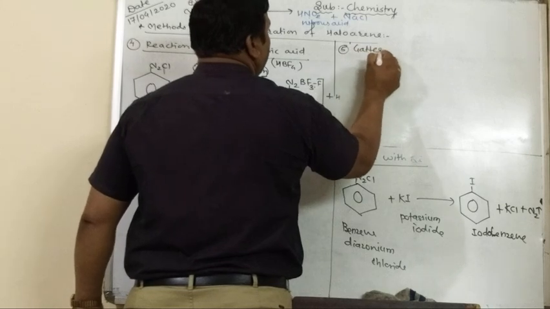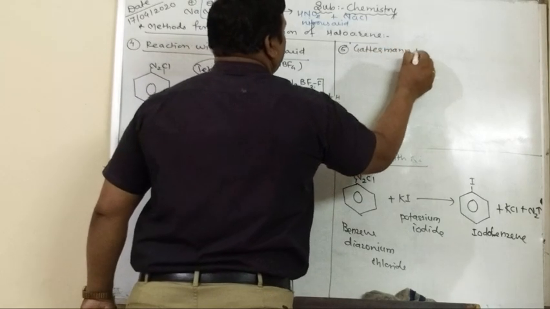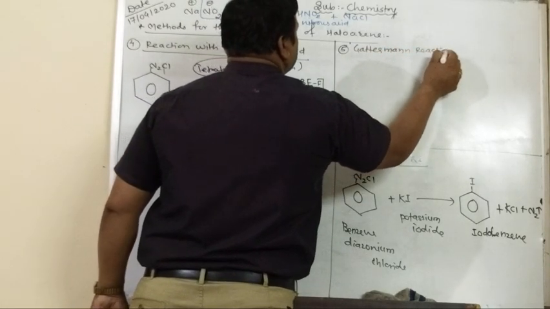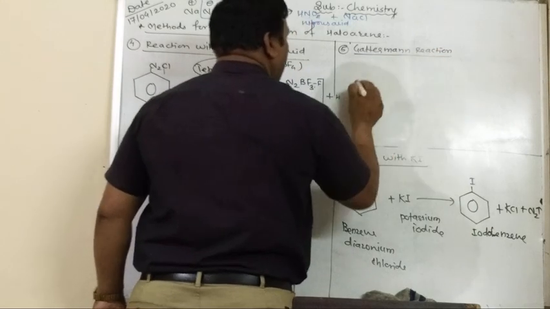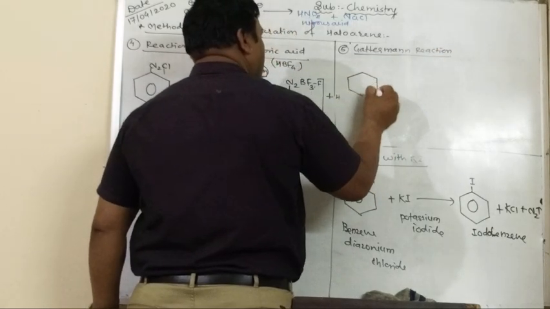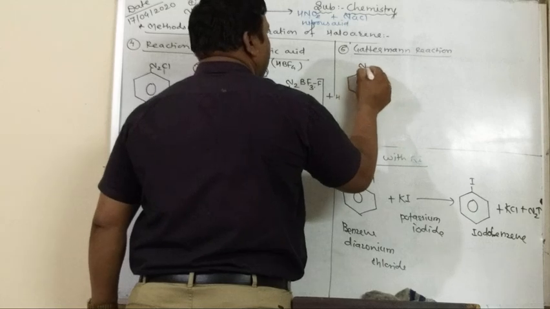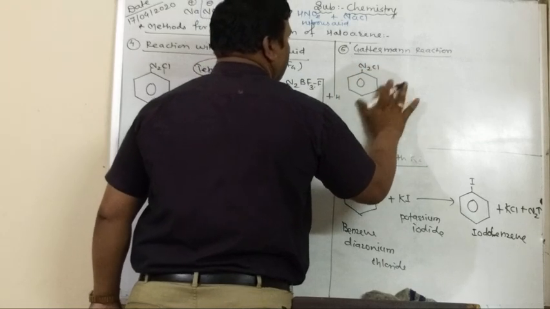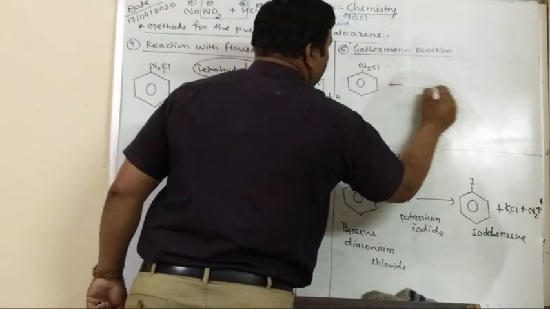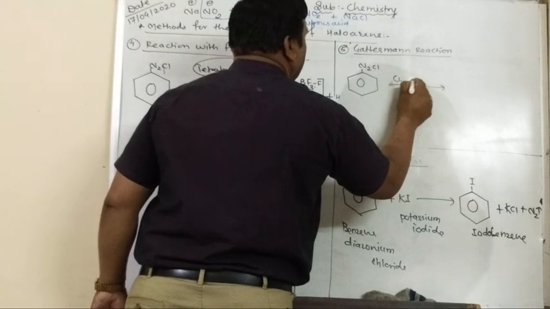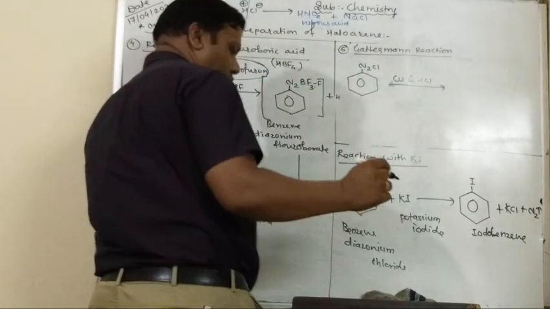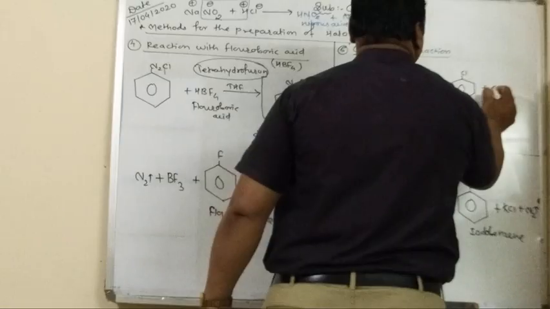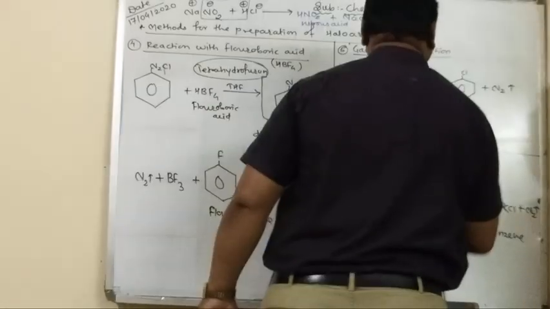When benzene diazonium chloride reacts with copper and HCl to get chlorobenzene, removal of N2.